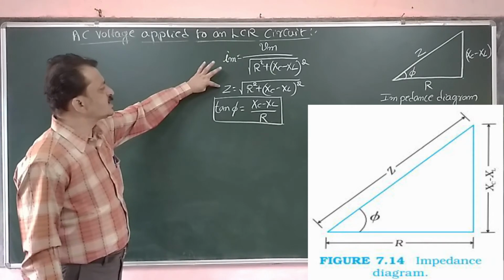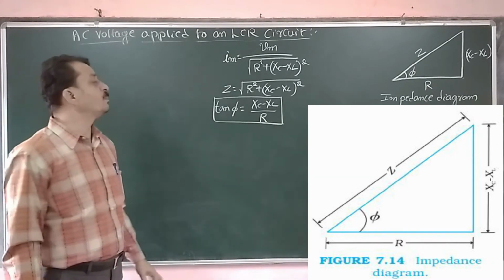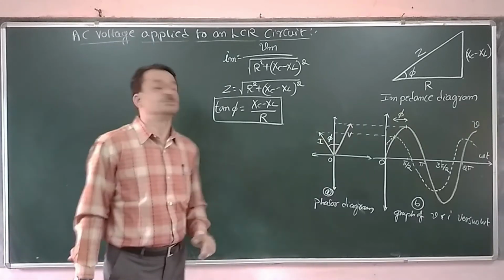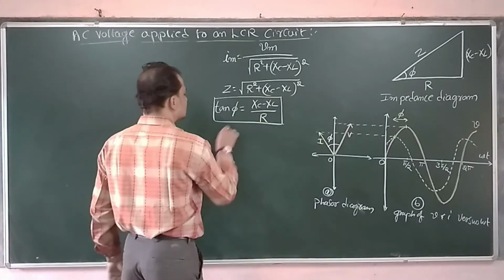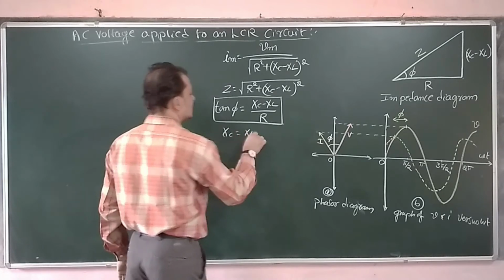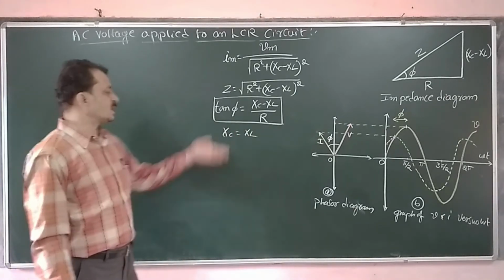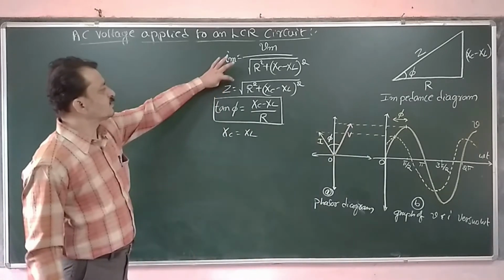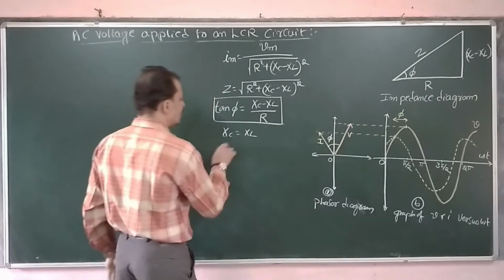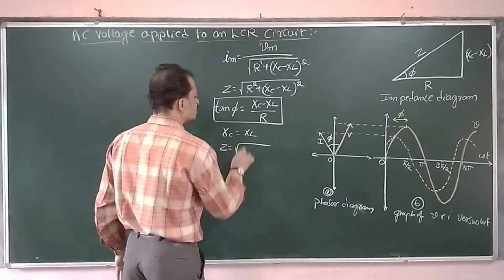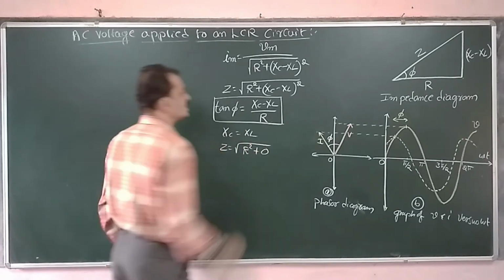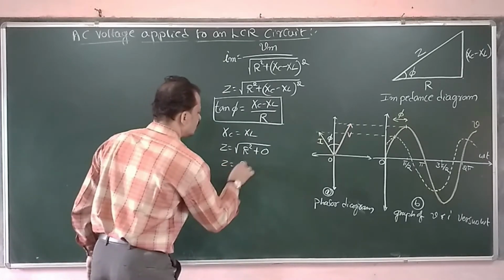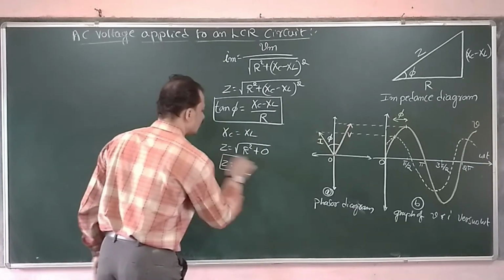When will you get the impedance minimum? Whenever Xc is equal to XL, that is, capacitive reactance is equal to inductive reactance. From this expression we simply get Z is equal to square root of R square plus this term, which becomes 0. So I will get Z is equal to R.